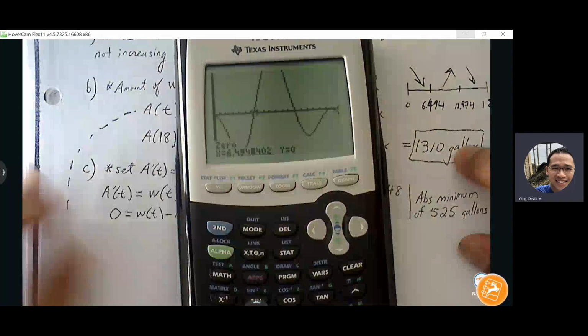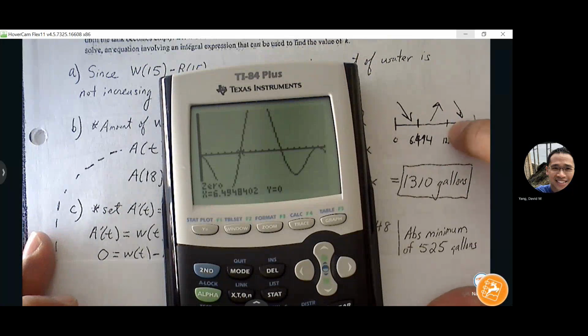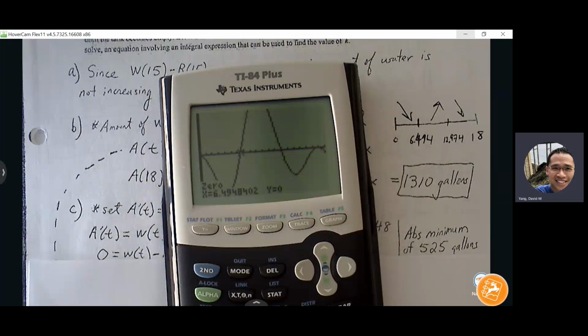So 12.9748 is really a relative what? Relative max, right? And it's only asking for absolute minimum. So you can test all 4 points if you wanted to, but you don't have to test this one, because a relative maximum has no chance of being an absolute minimum. So you can get away with just testing the 2 endpoints and 6.4948. But if you want to test all critical points, you're more than welcome to.